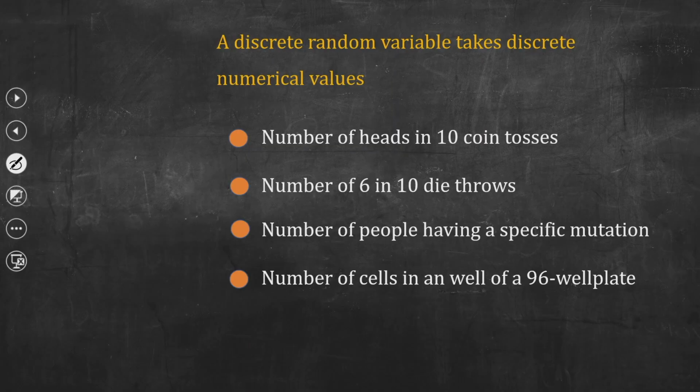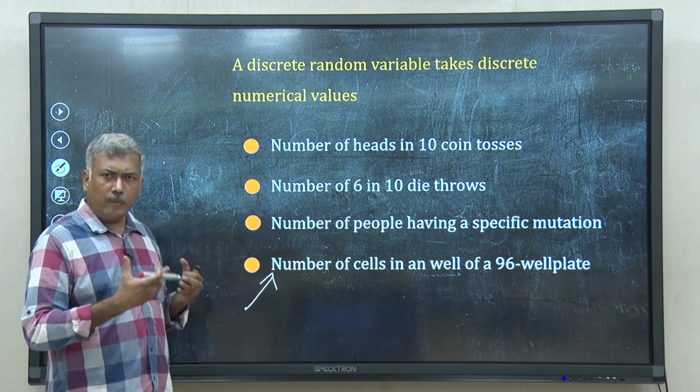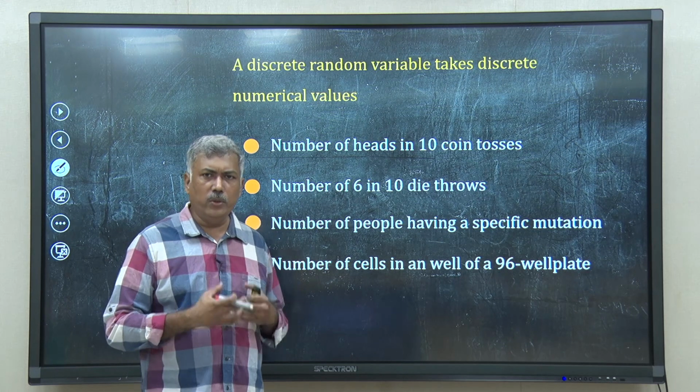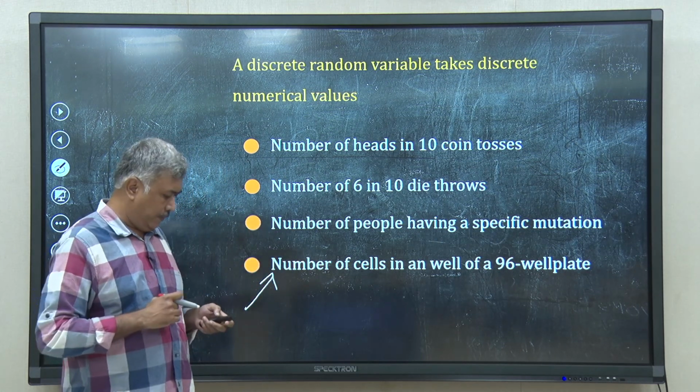So this is an example of a discrete random variable, and there are many of them, and we want to study the probability distribution. Some of the commonest probability distributions that we very frequently use in data analysis, we will discuss in this lecture.